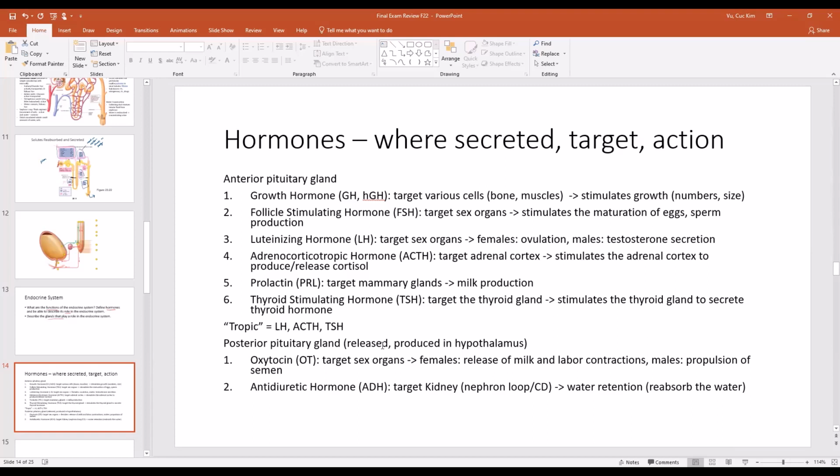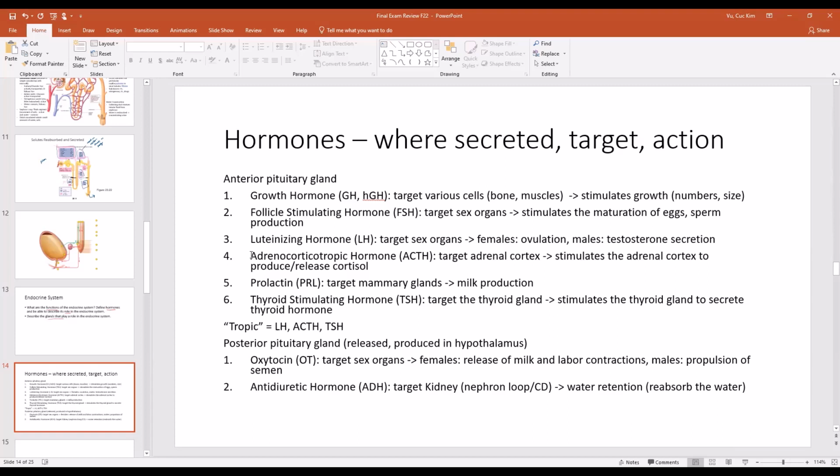All right. So I gave you a starting point, but you want to make sure you also do what I did here for the other hormones as well. One way I found easy for students to learn is to first figure out where they're produced and released, and then list the hormones.